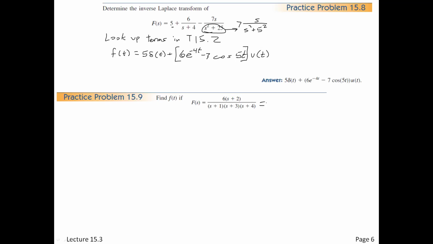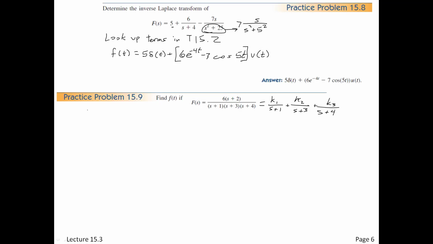This will be equal to, in our expansion form, k1 over s plus 1 plus k2 over s plus 3 plus k3 over s plus 4. Okay, so now what's our rule for these?